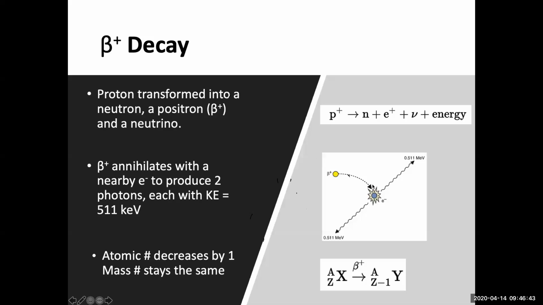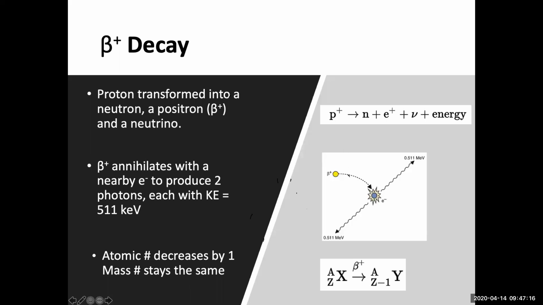These are emitted back to back, about 180 degrees between them, from the site of annihilation. These photons are used in PET imaging, which we are going to discuss when we reach the PET imaging presentation.